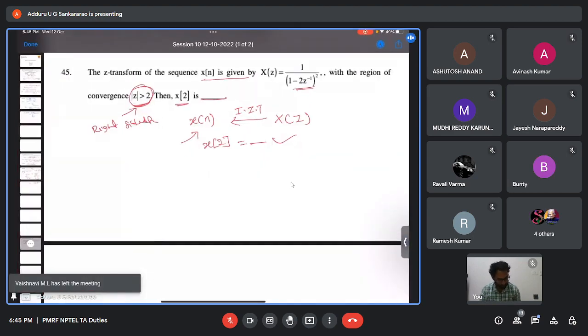Now we need to find the inverse z transform. We can find it in two ways. One is the differentiation principle, or else we can use convolution.